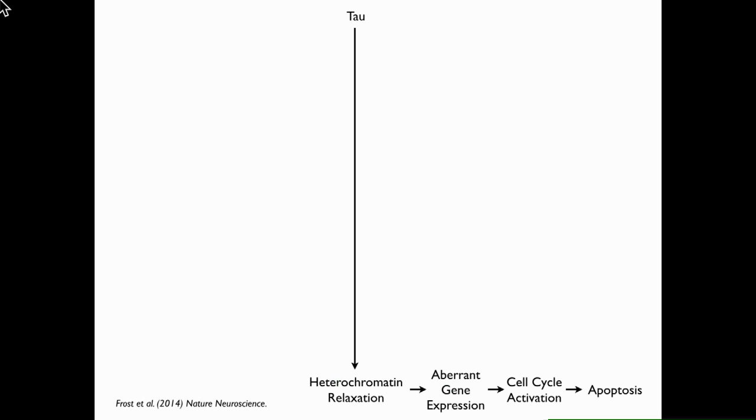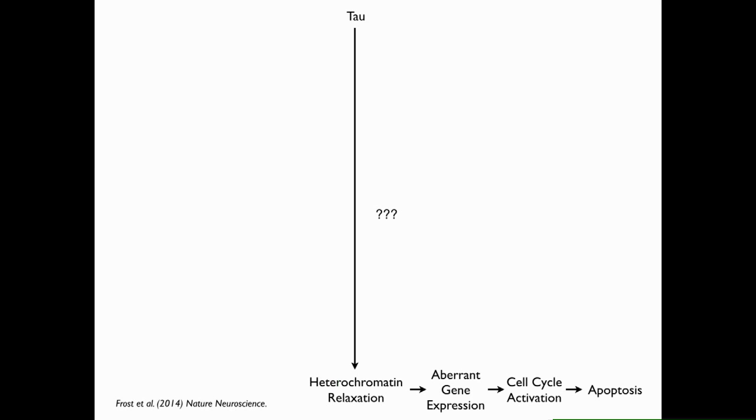This allows genes that are normally embedded in constitutive heterochromatin and silenced by it to become expressed, which activates the cell cycle in neurons, which are normally postmitotic, and it's well known that activation of a cell cycle in neurons is sufficient to cause their death.